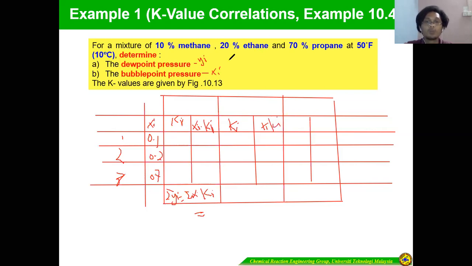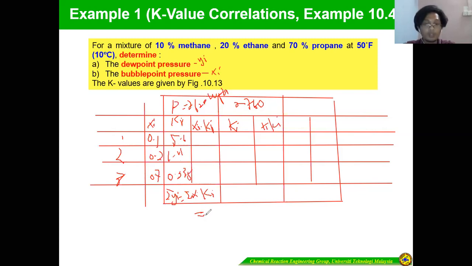Since we want to determine the pressure, guess the pressure, any value, but this one is from the book. They guess 2620 kilopascal, and this next guess is 2760. Find the value of K: 5.6, 1.11, 0.335.